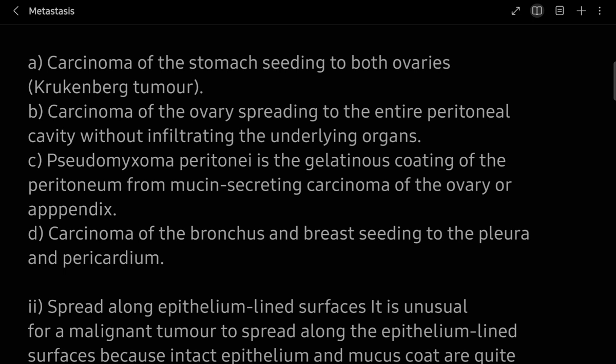Now, second is pseudomyxoma peritonei, the gelatinous coating of the peritoneum from a mucin secreting carcinoma of the ovary or appendix. And the fourth one is carcinoma of the bronchus and the breast leading to involvement of the pleura and the pericardium. So these are some of the metastases that are using the route of the body cavity, right, the coelomic cavity.